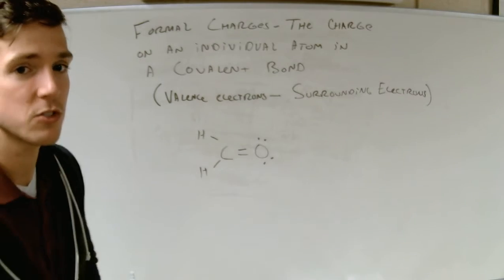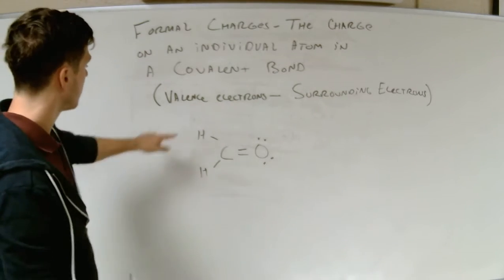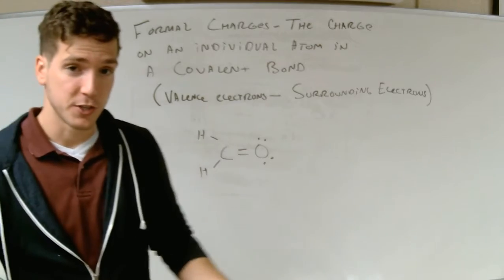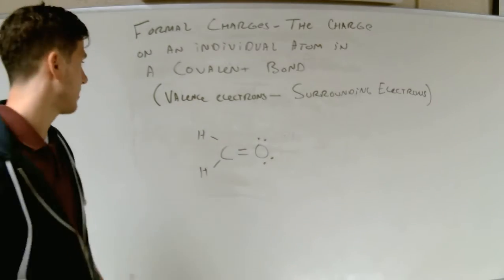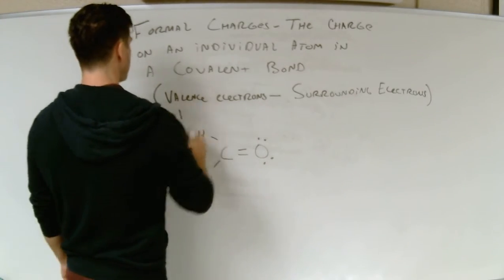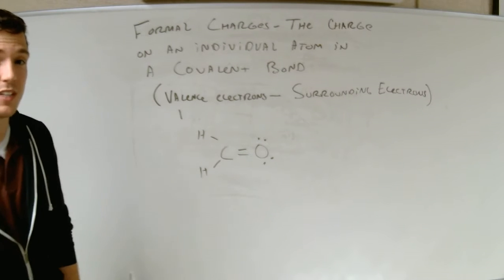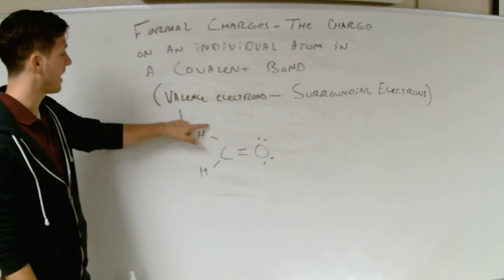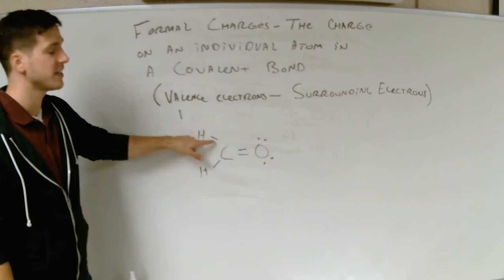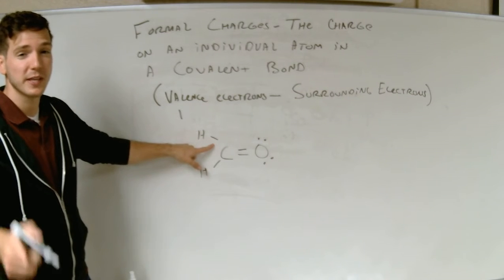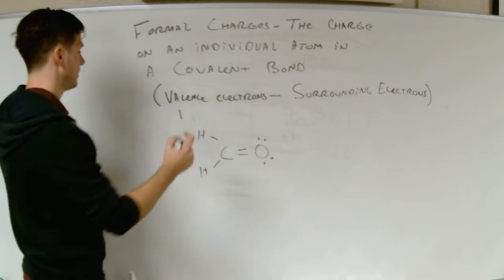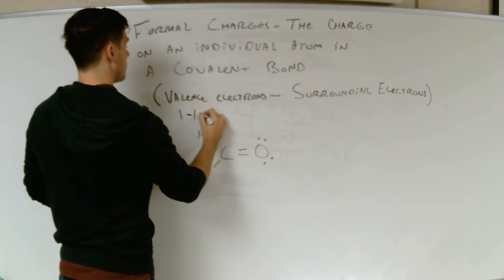So let's go ahead and figure out the formal charge on this hydrogen. Hydrogen has one valence electron. How many surrounding electrons does this hydrogen have? It has no dots around it, but it does have one bond, right? Remember, we count that bond as one electron. 1 minus 1 equals 0.